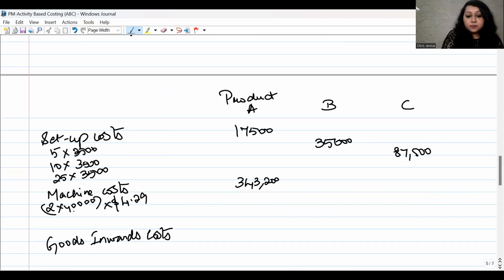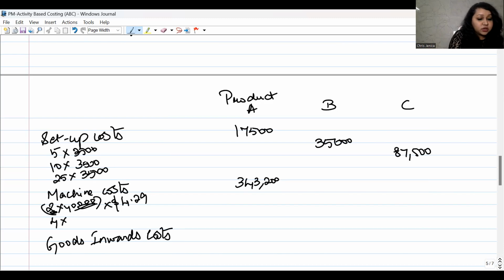Now, these were the number of units produced, and the number of machine hours was 2 hours, and the rate per machine hour has been multiplied, and we have got the cost for product A. The same way we will do it for the other two products.